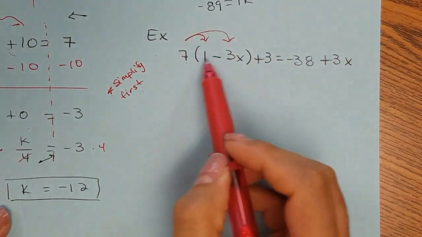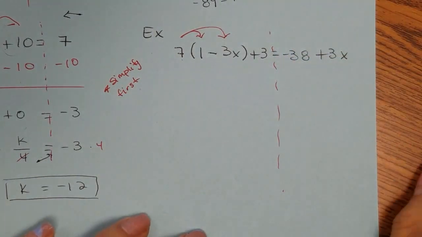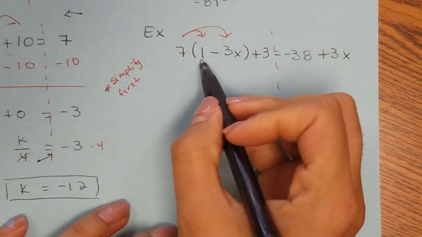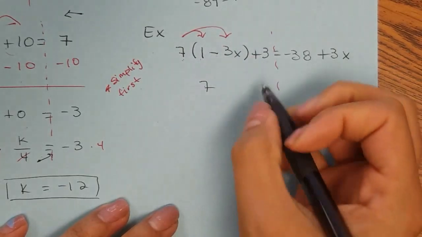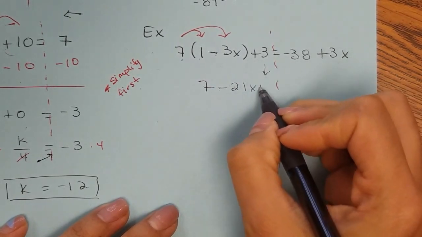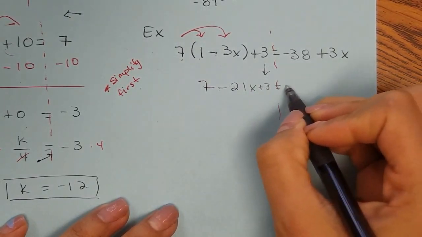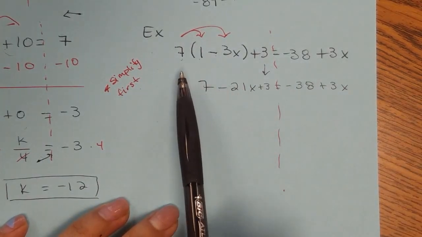Make sure that you distribute it to both terms before you start combining. So 7 times 1 is 7. Positive 7 times negative 3 is negative 21x. And then this 3 is going to come down. Plus 3 is equal to negative 38 plus 3x.